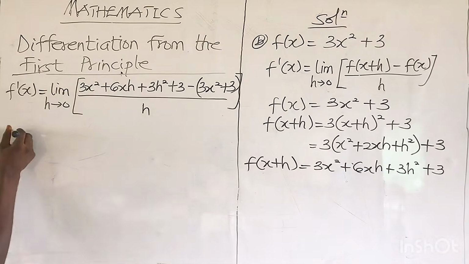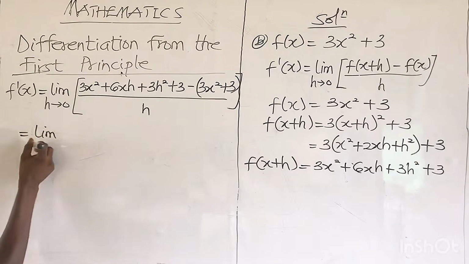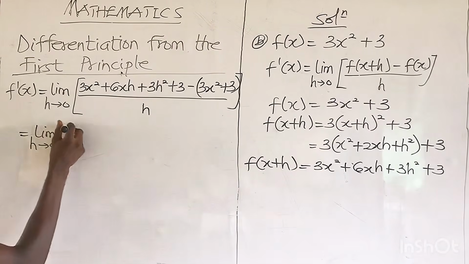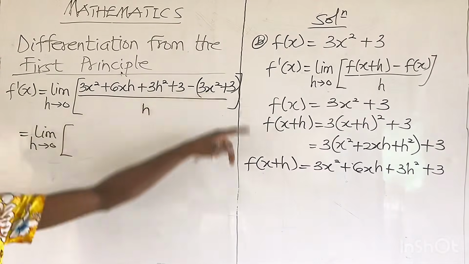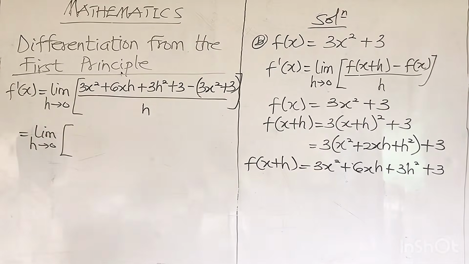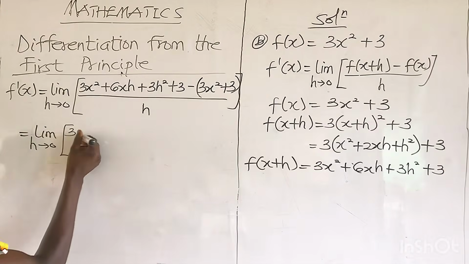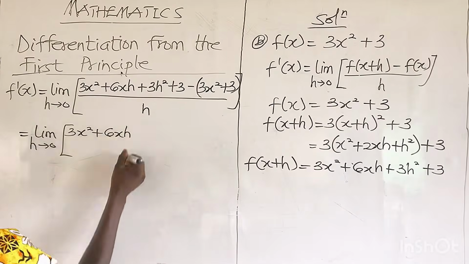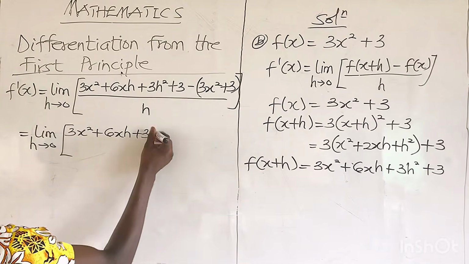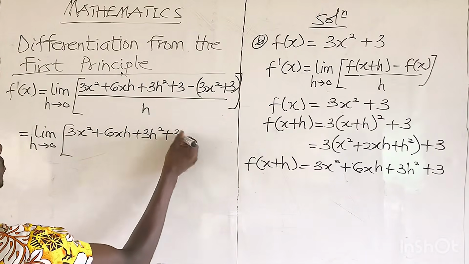Alright. Now in moving on, we still have the limit as h approaches 0. And the negative here must affect everything in the bracket. So I still have 3x squared plus 6xh plus 3h squared plus 3.